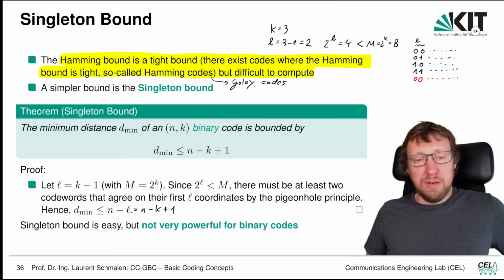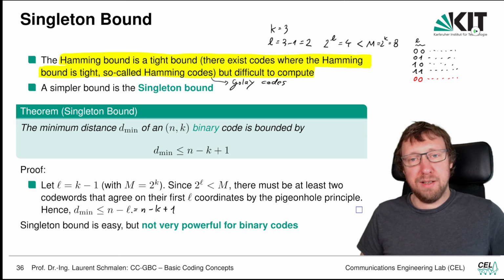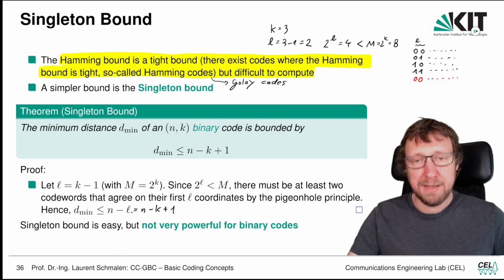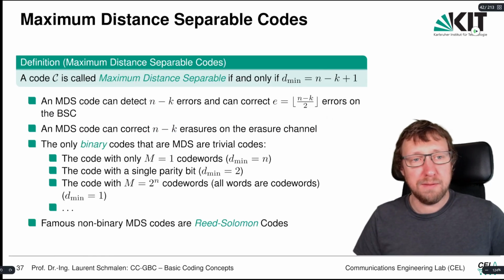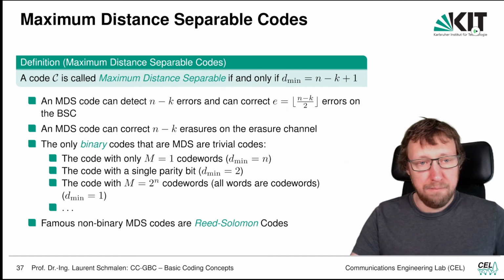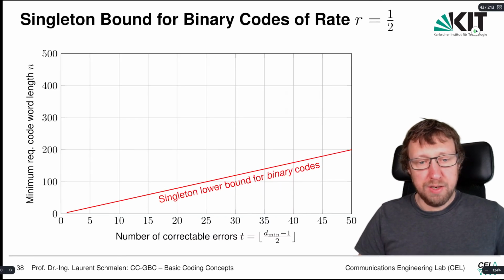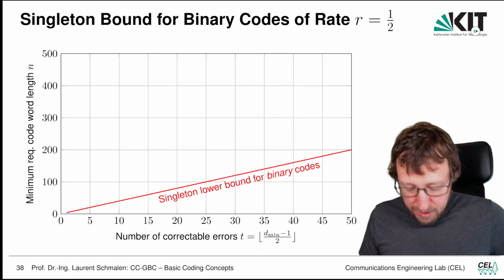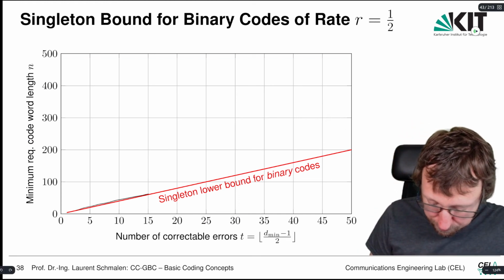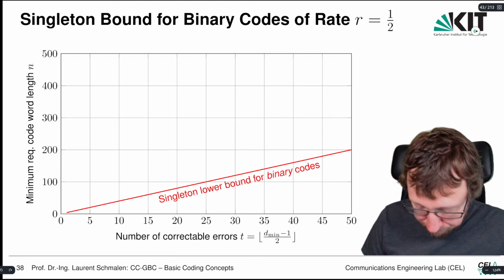So the singleton bound is easy, but it's not very powerful. So let's take a look at comparing the 2 bounds. We do this first here. So this is the singleton bound for binary codes.